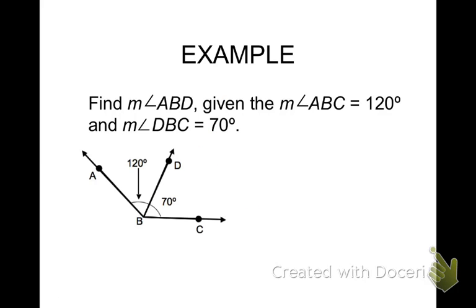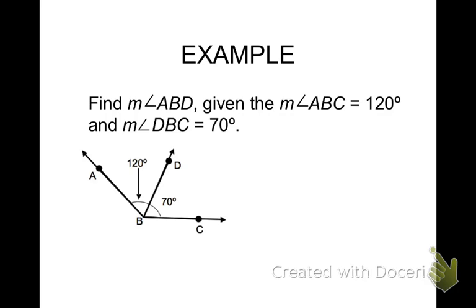Now, in this diagram, it's a little bit different. They're telling us the measure of angle ABC, the whole thing, is 120 degrees. Notice there's an arc that goes all the way through the angle, and there's a number pointing to that arc showing that it's 120 degrees.